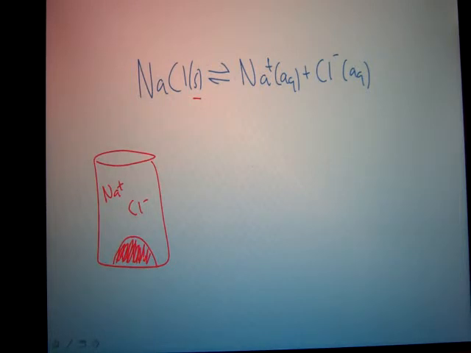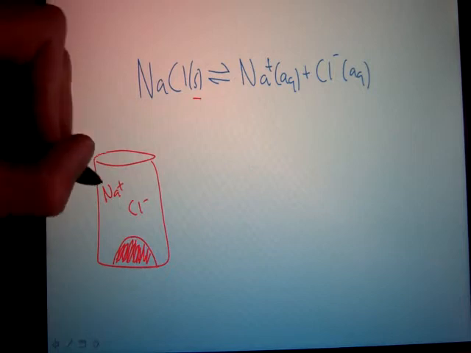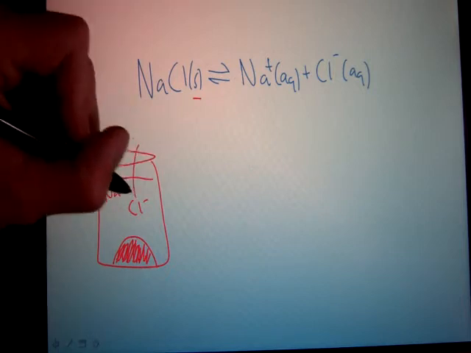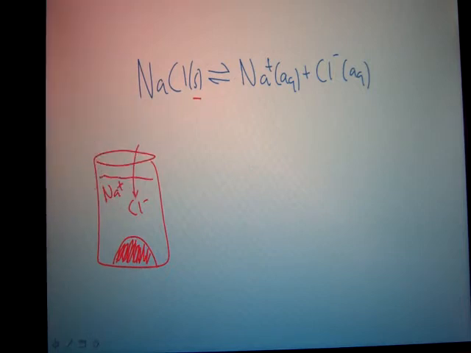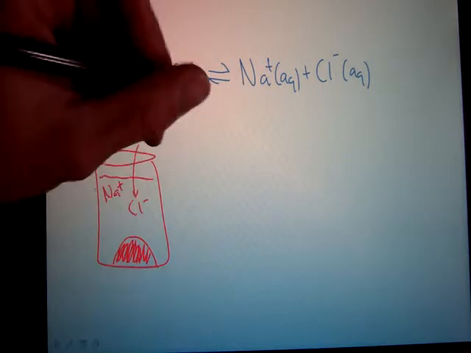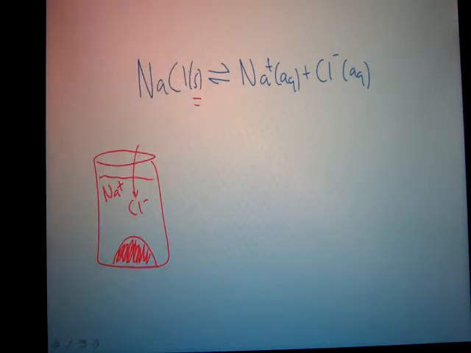So if I add more solid salt to this beaker, if I put more in, then it's just going to sink to the bottom. Nothing's going to happen. So that holds true when you're analyzing LeChatelier's principle scenarios. If I add more pure solid to this system, nothing is going to happen.